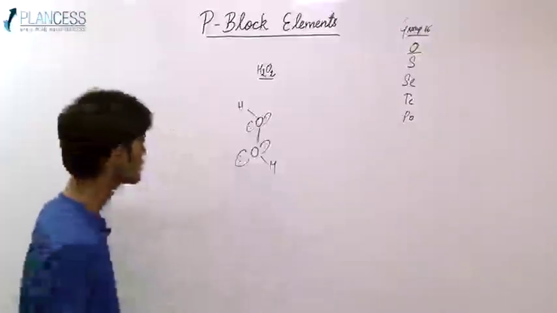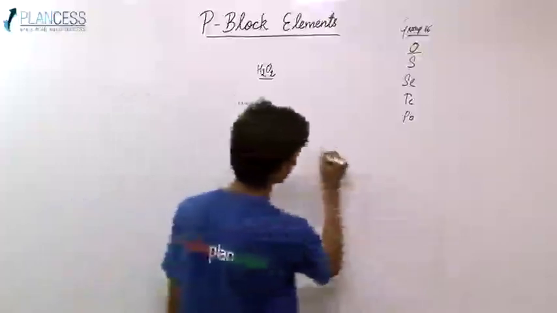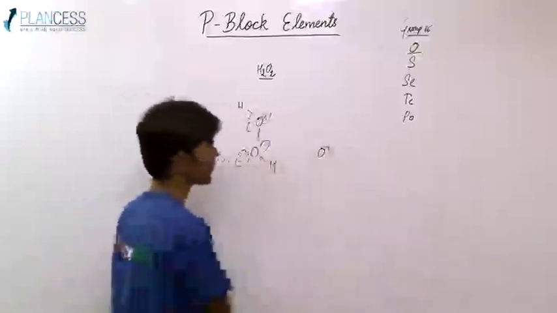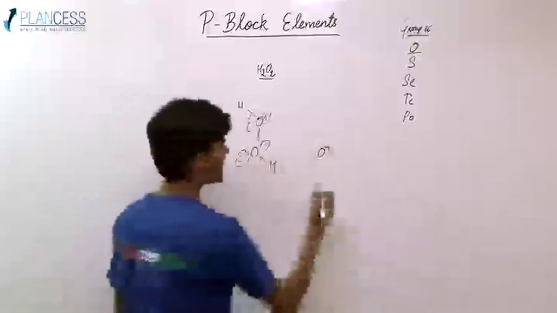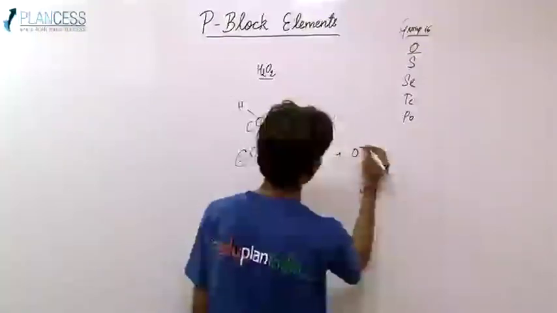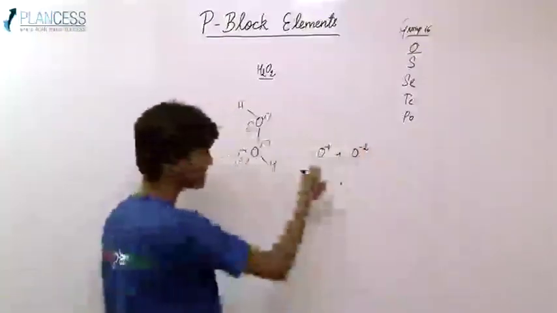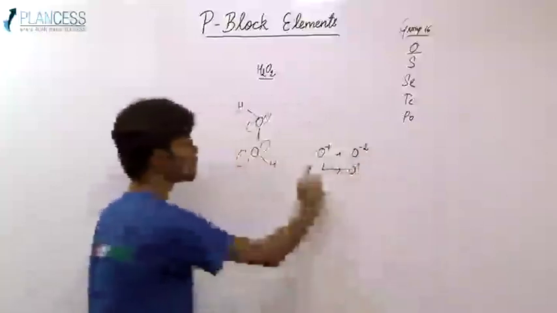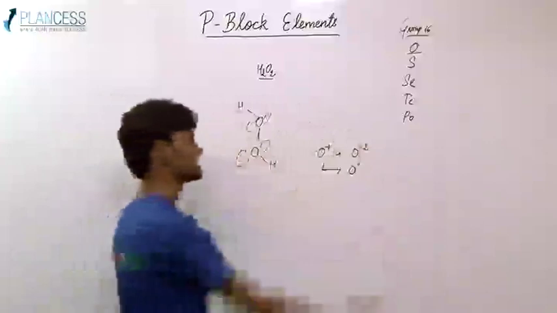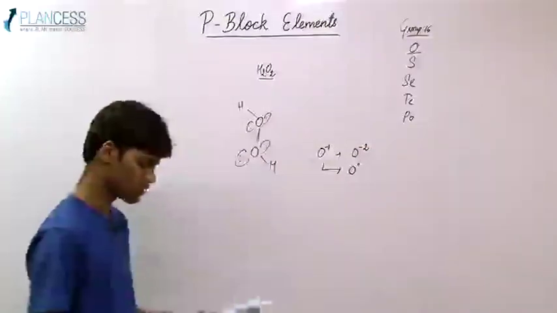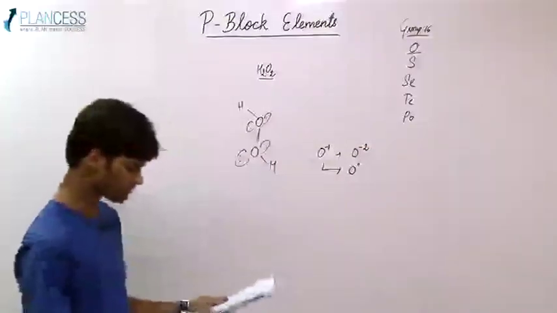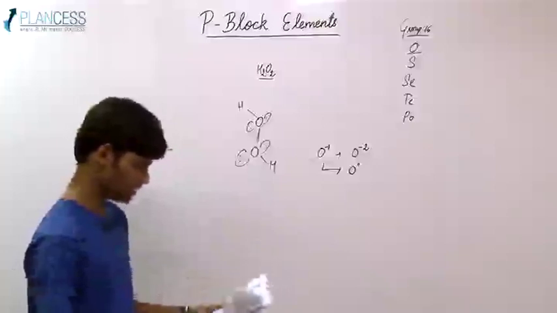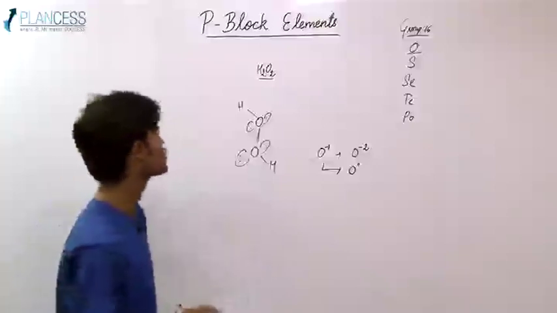It can oxidize and it can reduce, because oxygen here is in the -1 oxidation state. If it acts as an oxidizing agent, it goes to the -2 oxidation state, and if it acts as a reducing agent, it goes to the 0 oxidation state. So it shows both properties. This was all about H2O2.